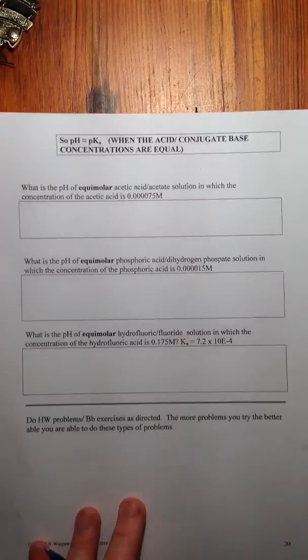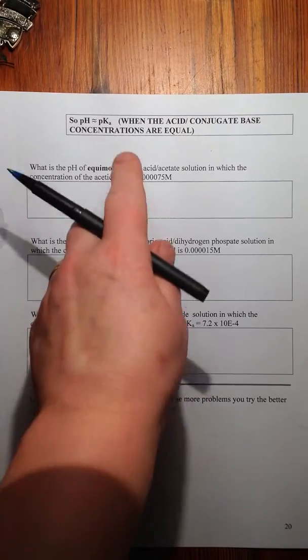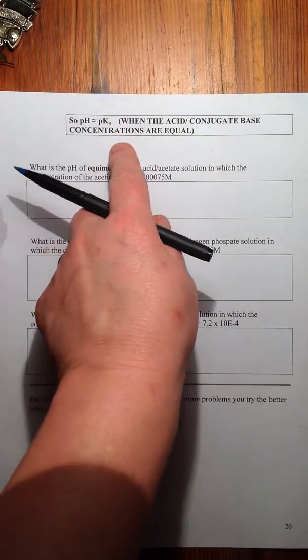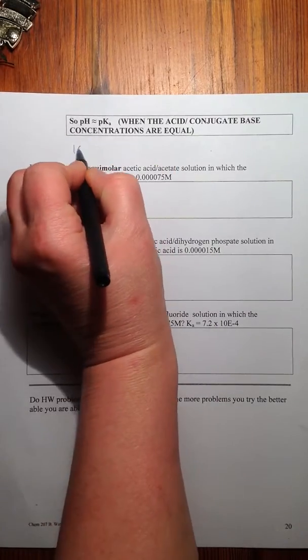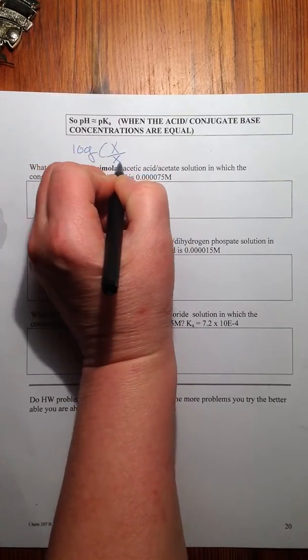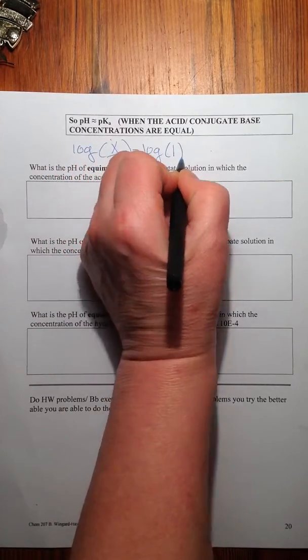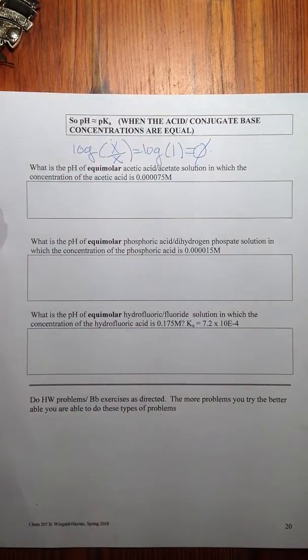So pH equals pKa when the amount of acid and the conjugate base concentrations are equal. Log of x over x, whatever it is, the log of 1, which is equal to 0.